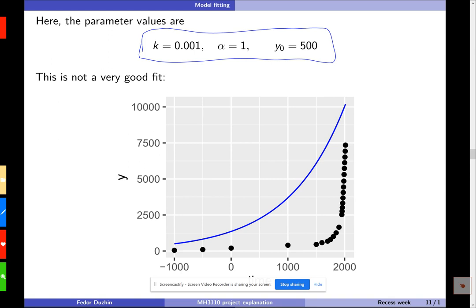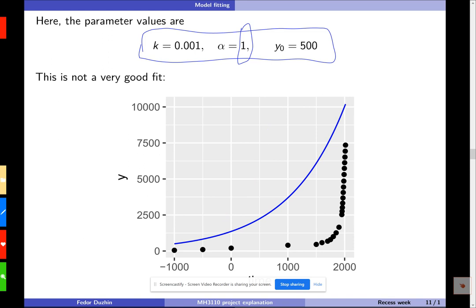And it is probably pretty clear what we should do, right? We see that the actual Earth population grows much faster, which probably means that we should take a bigger value of alpha so that it grows faster.